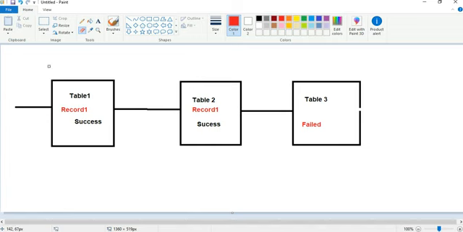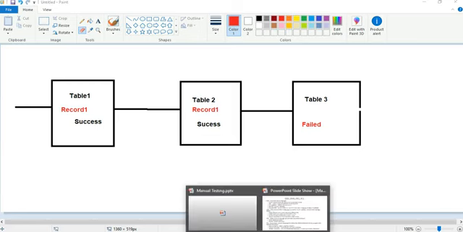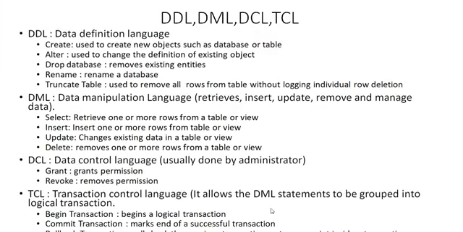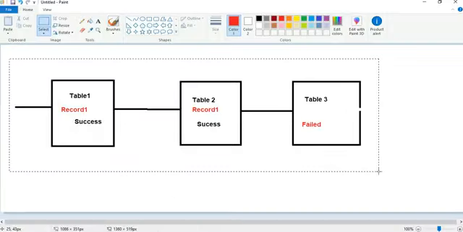So instead of inserting separately, we add all these commands into a group. That is the transaction control language. It allows DML statements to be grouped into a logical transaction. Whenever we successfully insert a record into all 3 tables, only then do we consider that transaction successful, else it is unsuccessful.